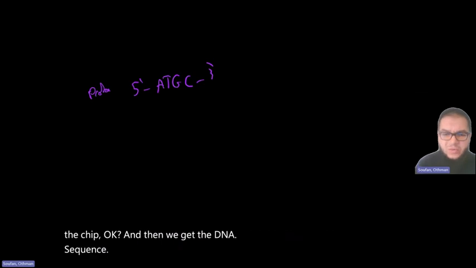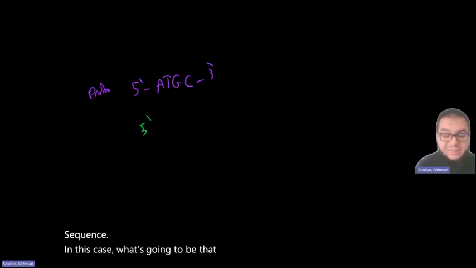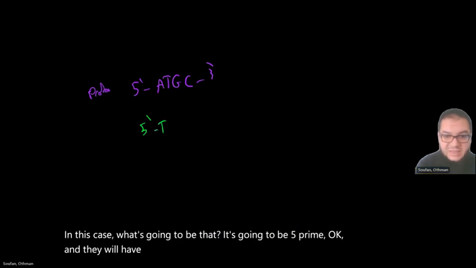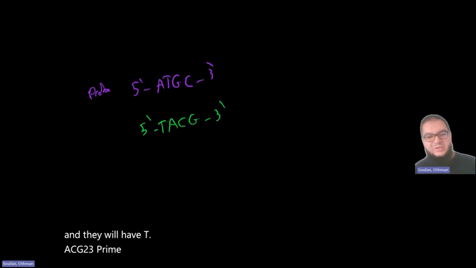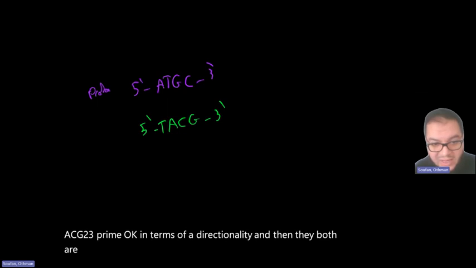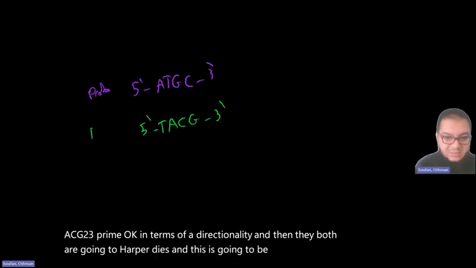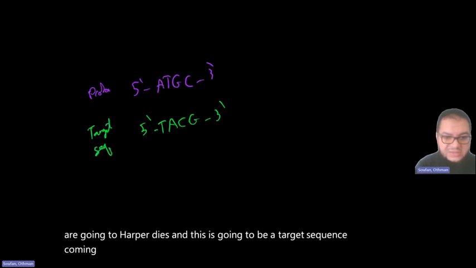In this case, what's going to be that? It's going to be 5', and they will have T, A, C, G to 3', in terms of directionality, and then they both are going to hybridize, and this is going to be a target sequence coming from DNA.